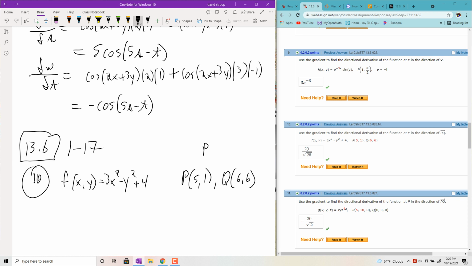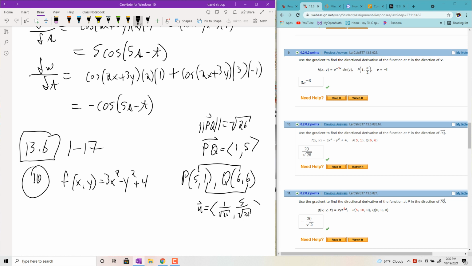When they say PQ, they mean you start at P and you end at Q. So the vector PQ is 6 minus 5, which is 1, and 6 minus 1, which is 5. For the directional derivative in the direction of PQ, we're going to need a unit vector. The magnitude of PQ is the square root of 1 plus 25, which is 26. So our direction should be 1 over root 26, comma 5 over root 26.